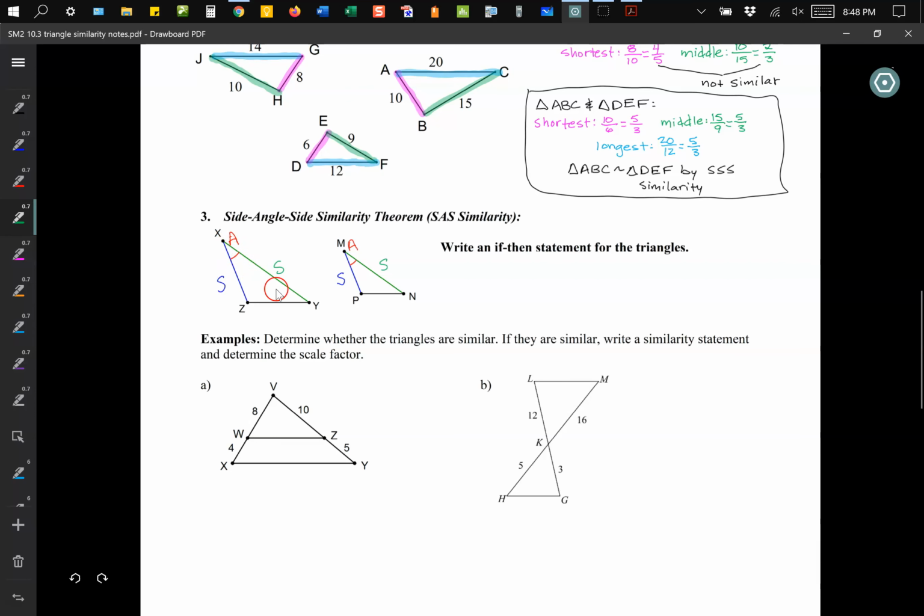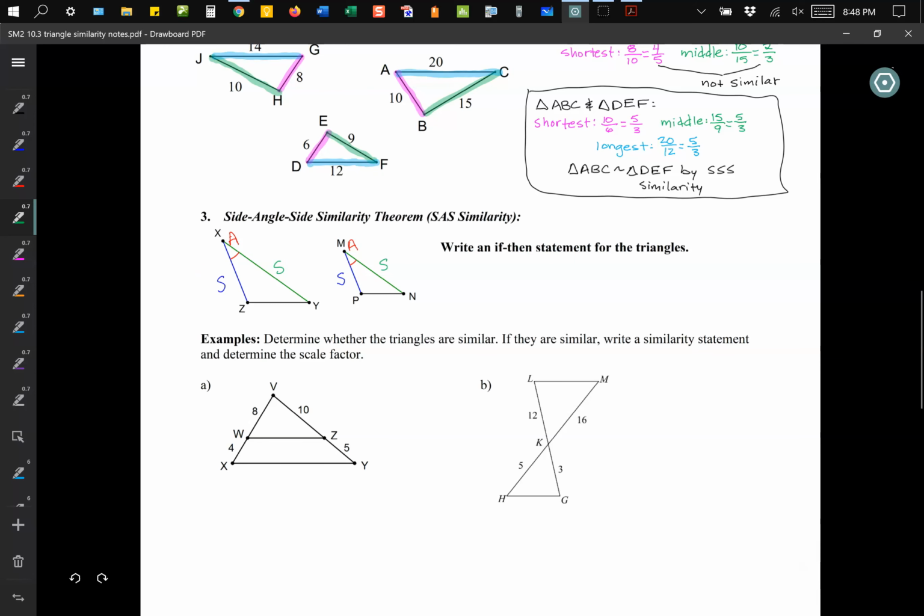So here, angle X and angle M have to be congruent. And the two sides that surround that angle have to be proportional, just like in the test we just did. So it has to be the angle between the two proportional sides in order for it to be side angle side. It can't be this angle down here, Z and P, or Y and N. It has to be the angle between the two sides that are labeled.